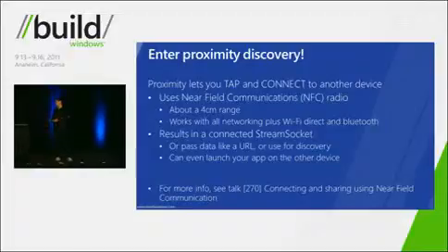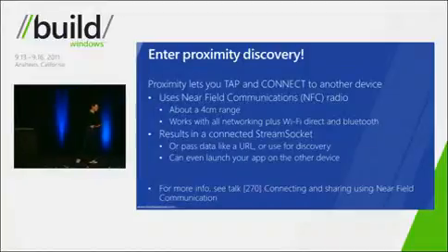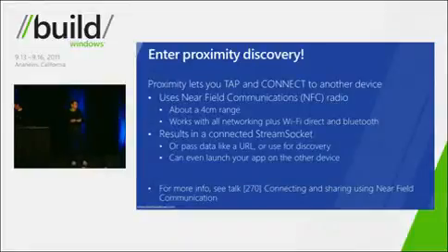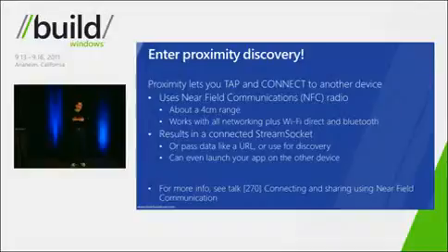It's not used for the actual data transfer. The actual data transfer, once you've connected, goes across TCP/IP or Bluetooth or Wi-Fi Direct and so on. So this little tiny radio is used for the initial rendezvous. It's used to exchange addressing information and then to initiate the connect across a different transport. So what that means is I only have to be within a couple centimeters just to do the initial tap, and then the connect happens, and then I can go anywhere.